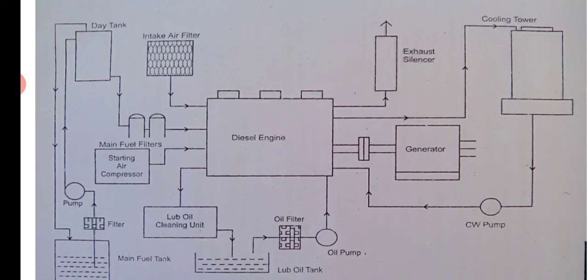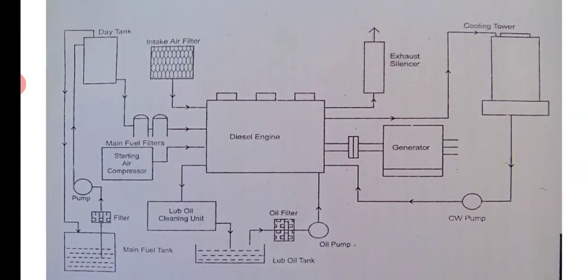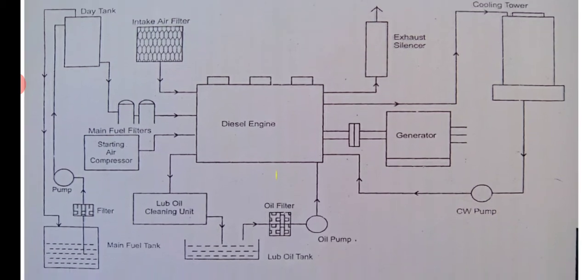You will have baffle plates, small plates, in it so that the noise is arrested. Like your bike also has a silencer, it reduces the noise, otherwise the noise will increase.